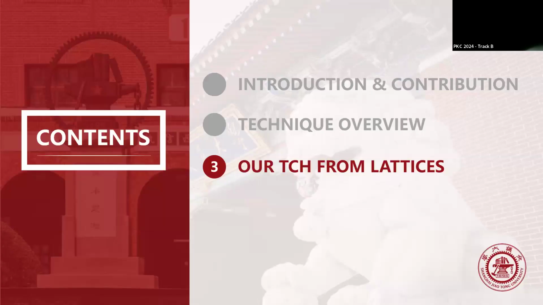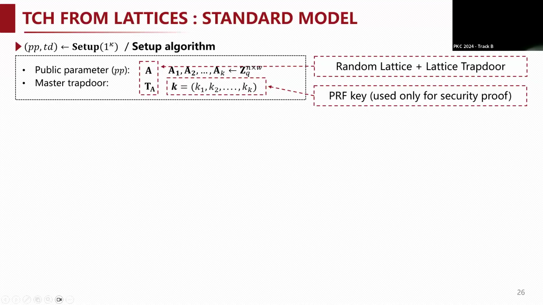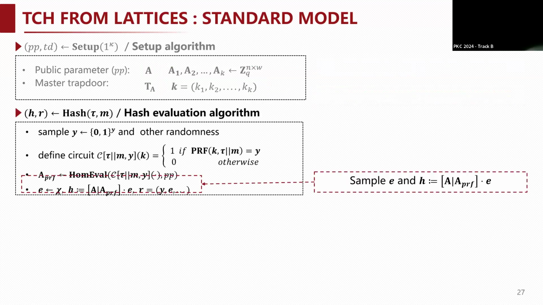And now we will present our tagged chameleon hash construction from lattices. Our tagged chameleon hash is constructed as follows. Its public key is a matrix A. To hash a message m, we will first sample a string y, and then we define a circuit C, which equals 1 if and only if the PRF value on tau, m equals y.